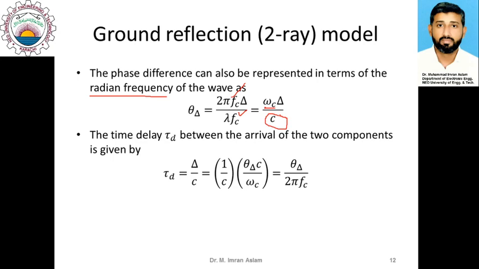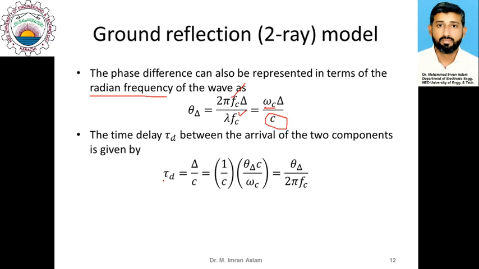Okay, second important thing is the time delay, because two rays are following two different paths, so their arrival will be at different times at the receiver. So there will be a time difference between arrival of two components which are available at the receiver.